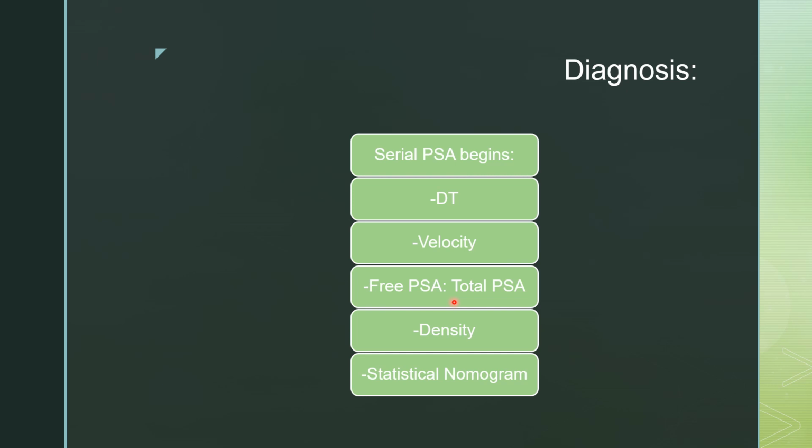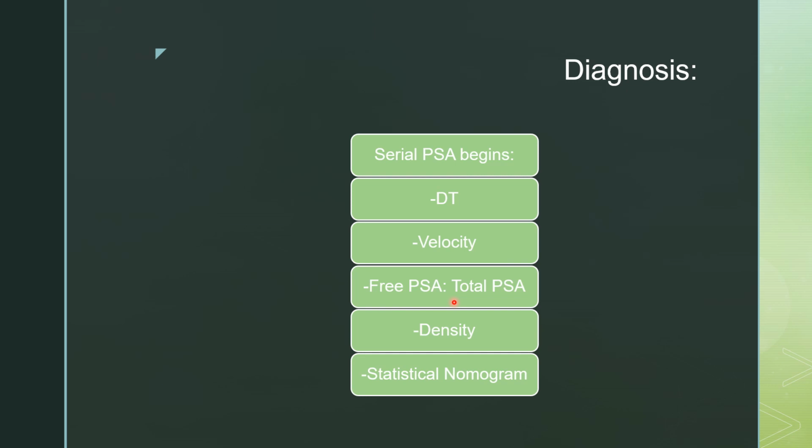More free PSA is likely a result of non-cancerous cells of the prostate gland. So when we check the ratio of the free PSA to the total PSA, that could guide in determining biopsy or not.